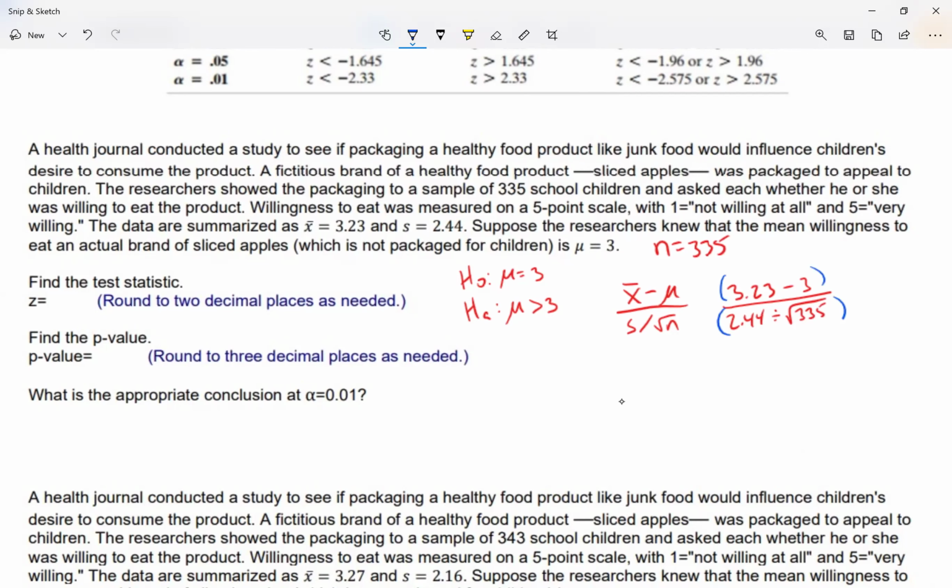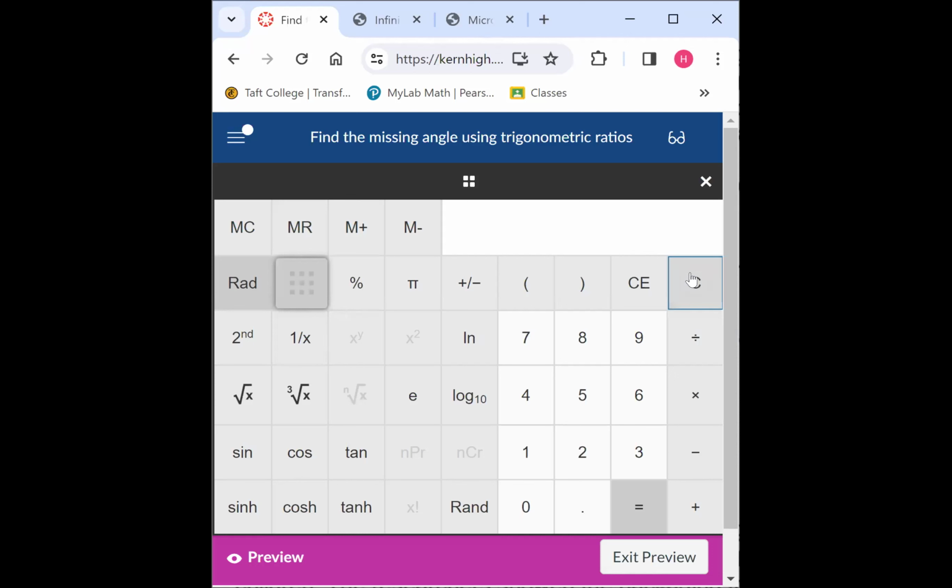I'm going to grab my calculator. Let me use my parentheses, right? So open parentheses for the top. On the top, I'm going to type 3.23 minus 3. Close parentheses.